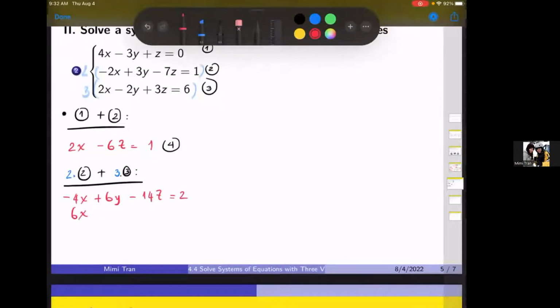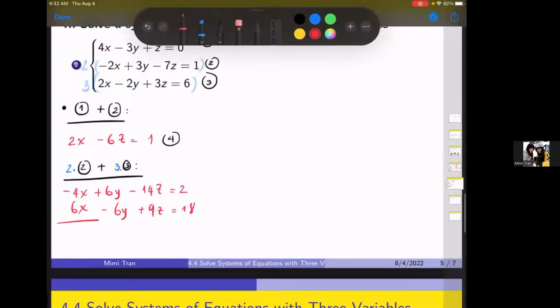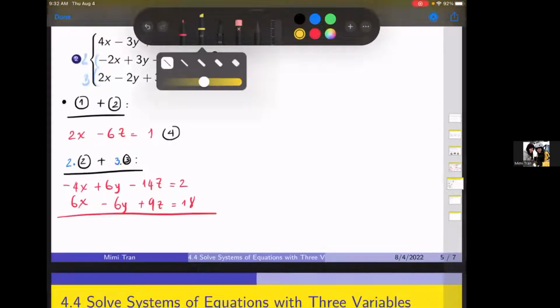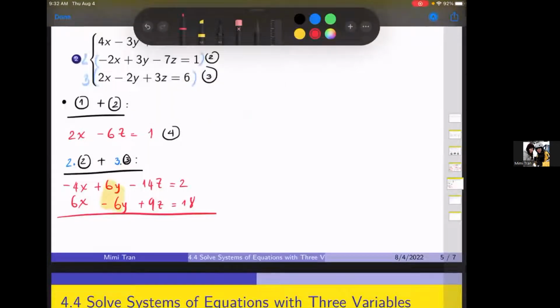In the bottom, I got 6x minus 6y plus 9z equal 18. And then you add, y is gone. Negative 4x, positive 6x is positive 2x minus 5z equal 20. I'm going to call this equation 5.